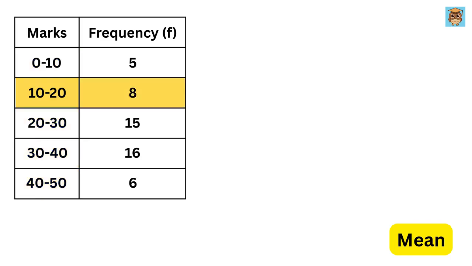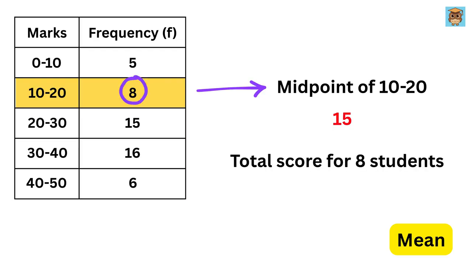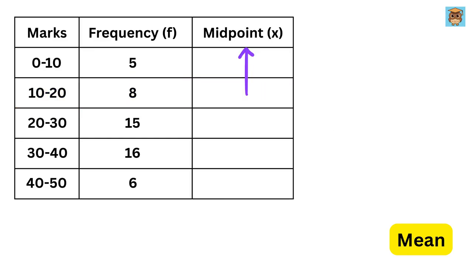For example, if 8 students scored between 10 and 20 marks, and we assign the midpoint of 15 marks to represent all these 8 students, we can then compute the total score for these 8 students as 8 times 15 equals 120. We represent this midpoint using x.